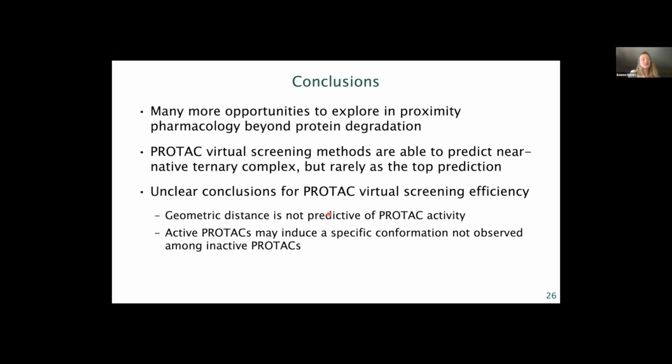We also found a bit of an unclear conclusion for PROTAC virtual screening efficiency, where the geometric distance is not necessarily predictive of PROTAC activity, but there might be something in that active PROTACs only induce a specific conformation that's not observed among inactive PROTACs.